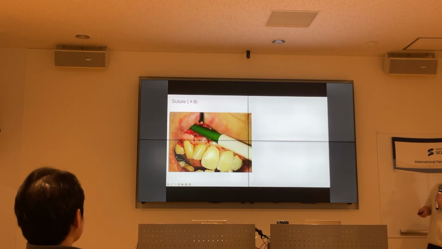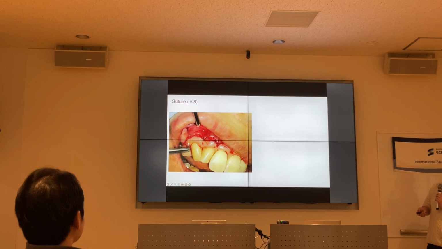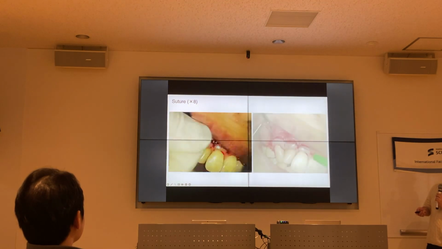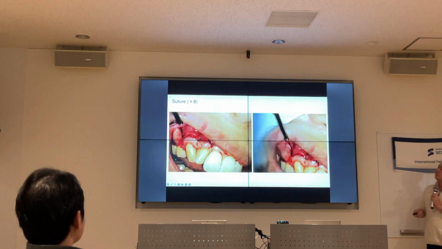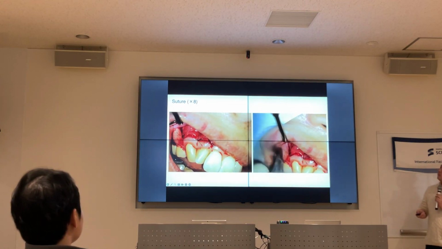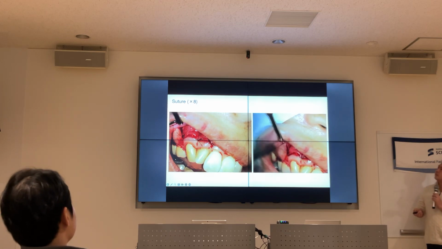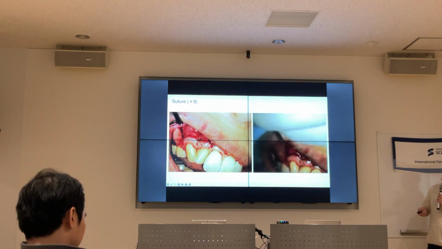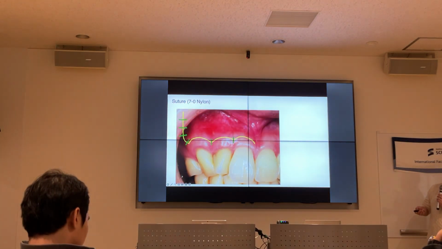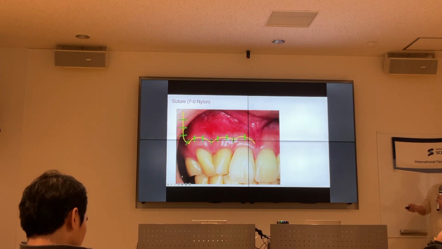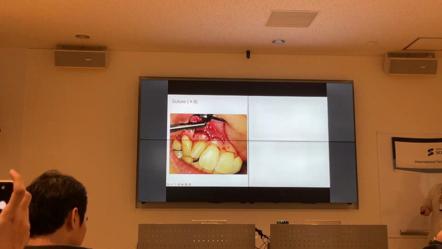In a submarginal incision, I have to suture this papilla position first, and after that the vertical incision area. Then I suture the position between the papillae. Here I use 7-0 nylon. Like this.